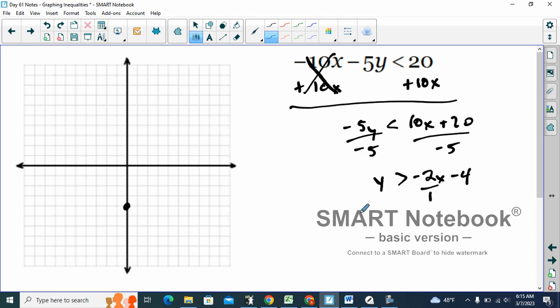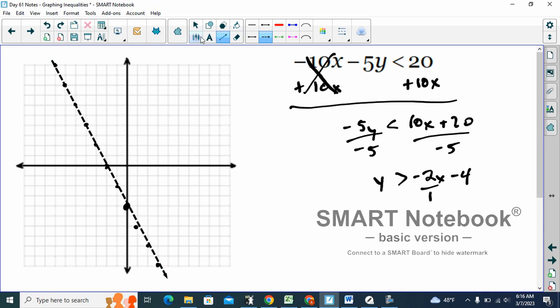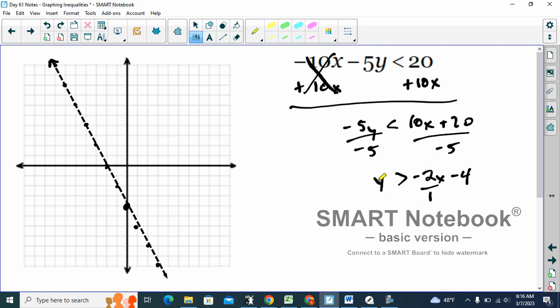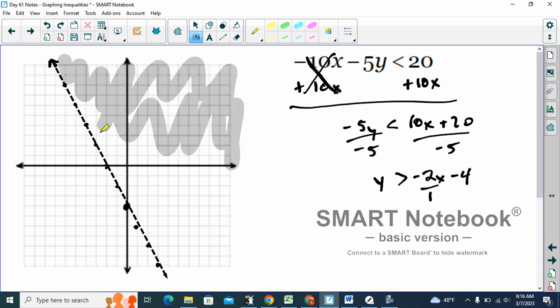Slope is negative 2 over 1, down 2 over 1. This line should be a dashed line. And we want to shade in the y values bigger than the line. The y values bigger than the line are the ones up here, the ones above the line.